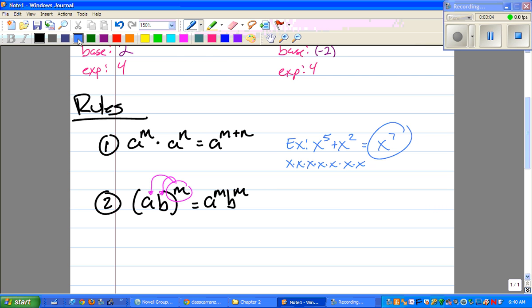And here's our example for that one. If you have 2x squared to the third, you have 2 to the third, x to the 6th, okay? And we can reduce that to 8x to the 6th because 2 times 2 times 2 gives you 8.